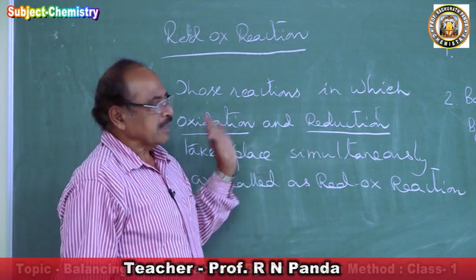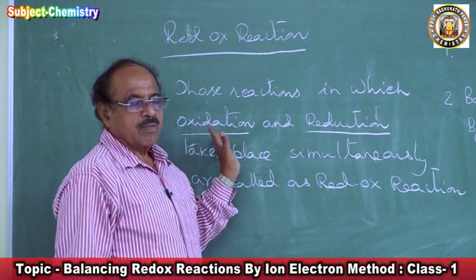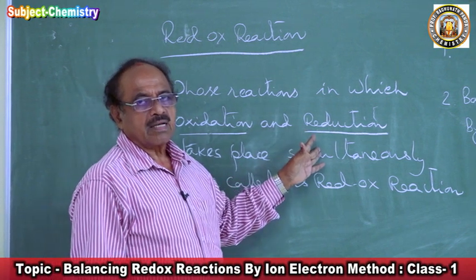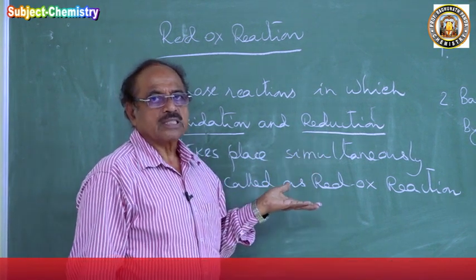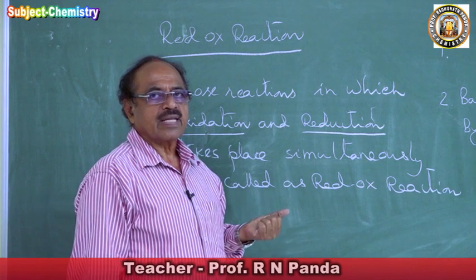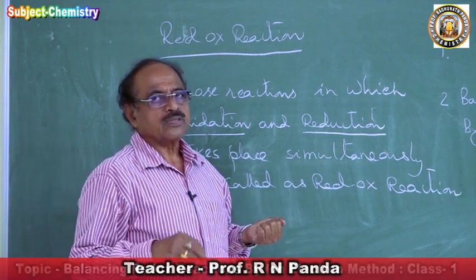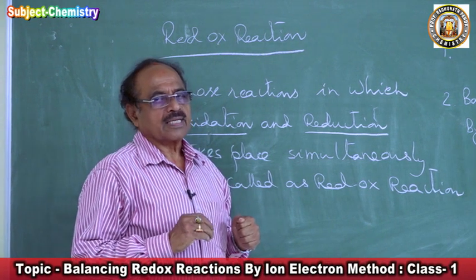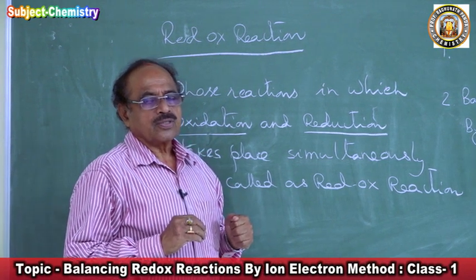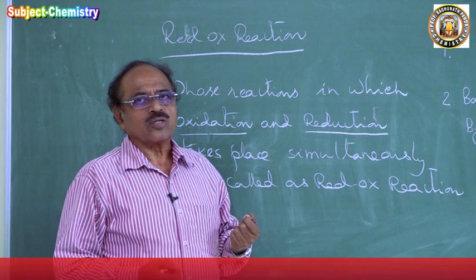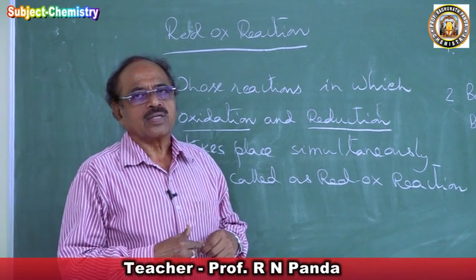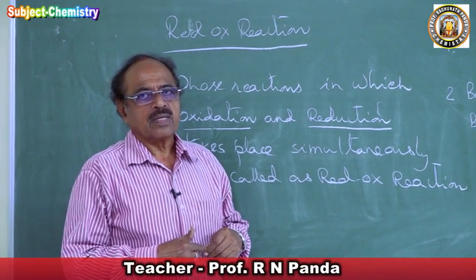What is reduction? The reverse process: the removal of oxygen, addition of hydrogen, decrease of positive valency, increase of negative valency, removal of electronegative element, or the process which involves addition of electron. So if both are taking place, these reactions are called redox reactions.